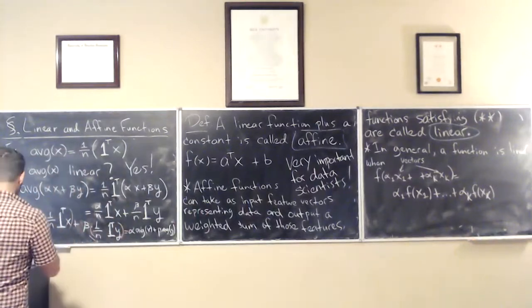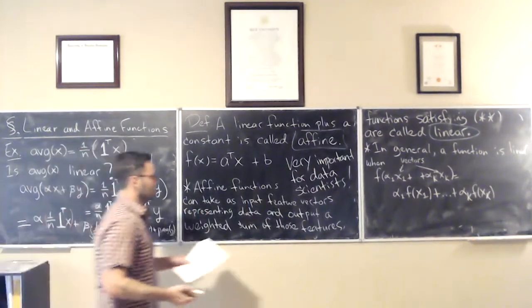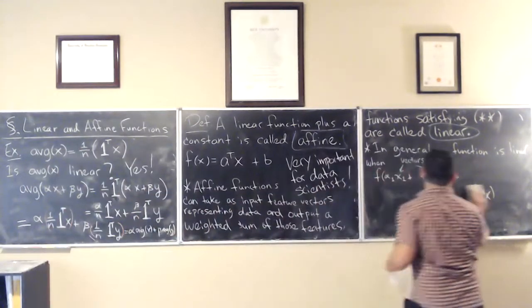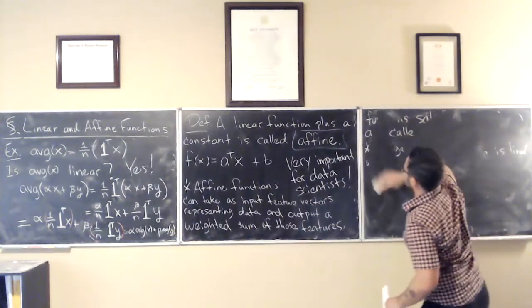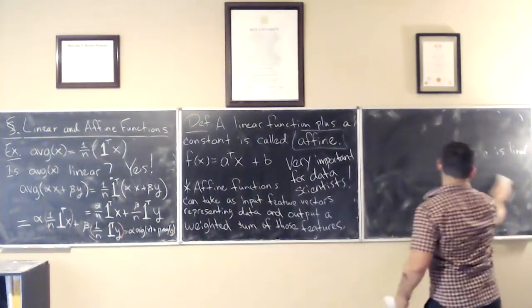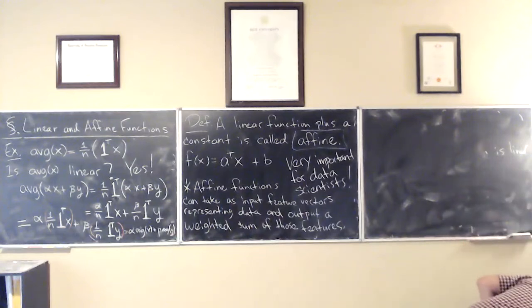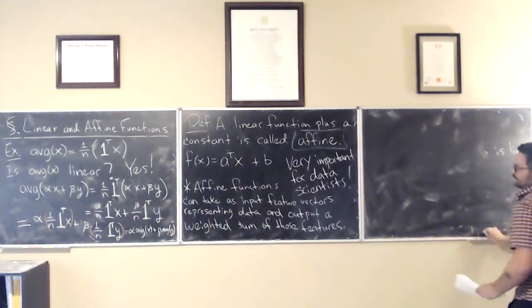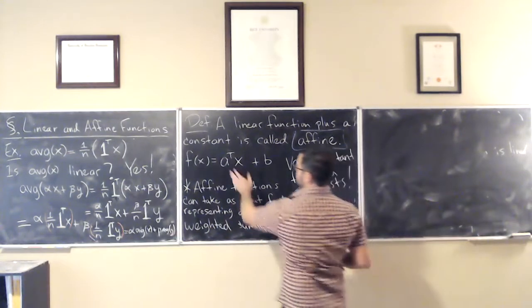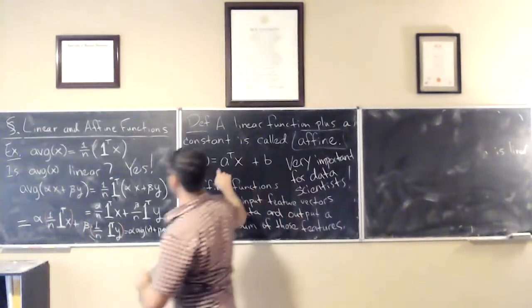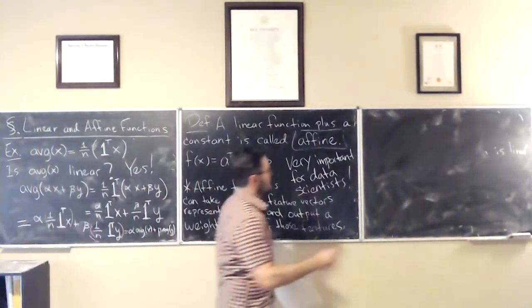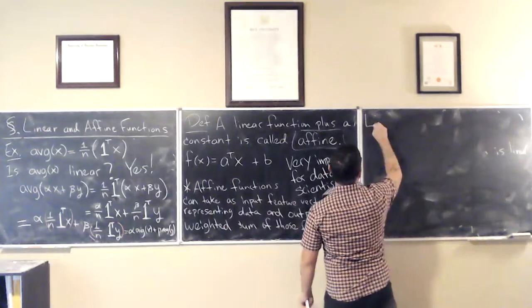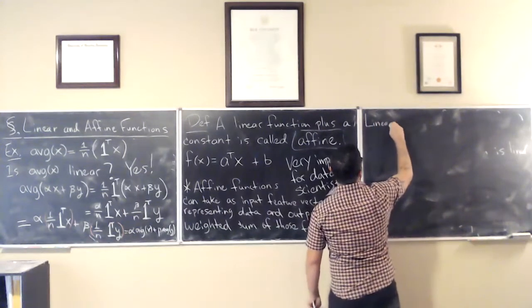Okay. Now, are affine functions linear functions? Right? Because they look linear. Okay? Because this by itself is a linear function, but do affine functions satisfy that property? So just remember that, I'll just write it out again.